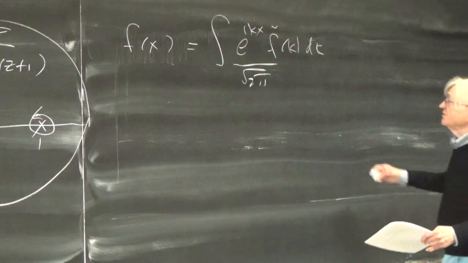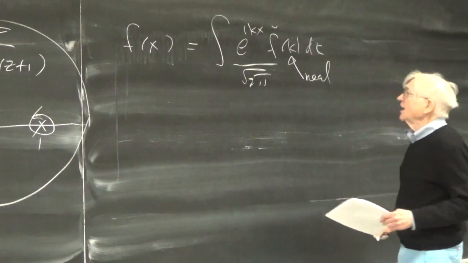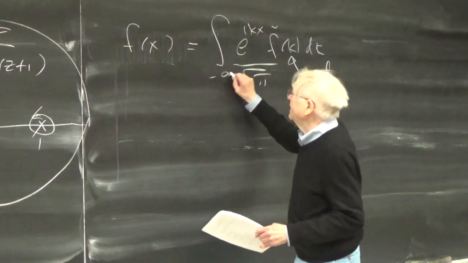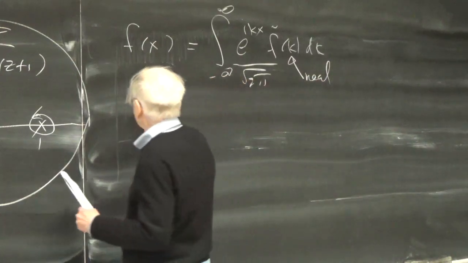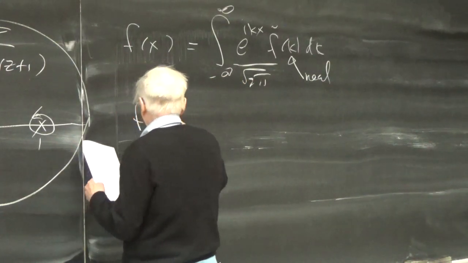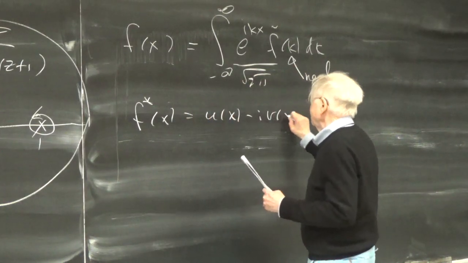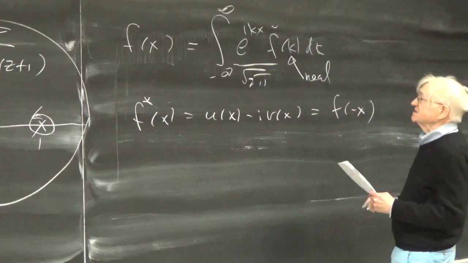And it may be a Fourier transform of a real function. And if f tilde of k is real, then f of x has special properties, namely f star of x, which would be u of x minus i v of x, would be equal to f of minus x.